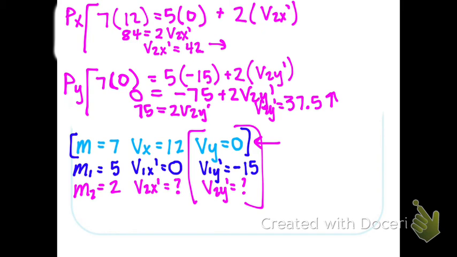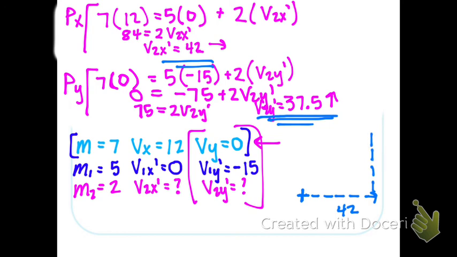So now our last step is to do what? Build the triangle. These are the sides or the components of our final velocity, but we don't have our final velocity just yet. Right? It goes 42 east. And it goes 37.5 north.